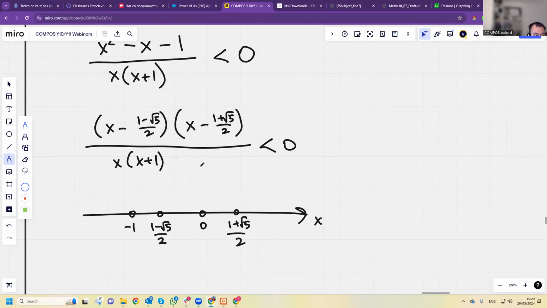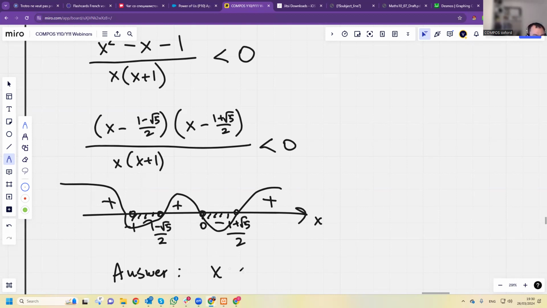So we test a big positive value again. Plus, minus, plus, minus, plus. And you need the negative ones. So the answer: x belongs to from -1 to 1 minus root 5 over 2, or from 0 to 1 plus root 5 over 2.